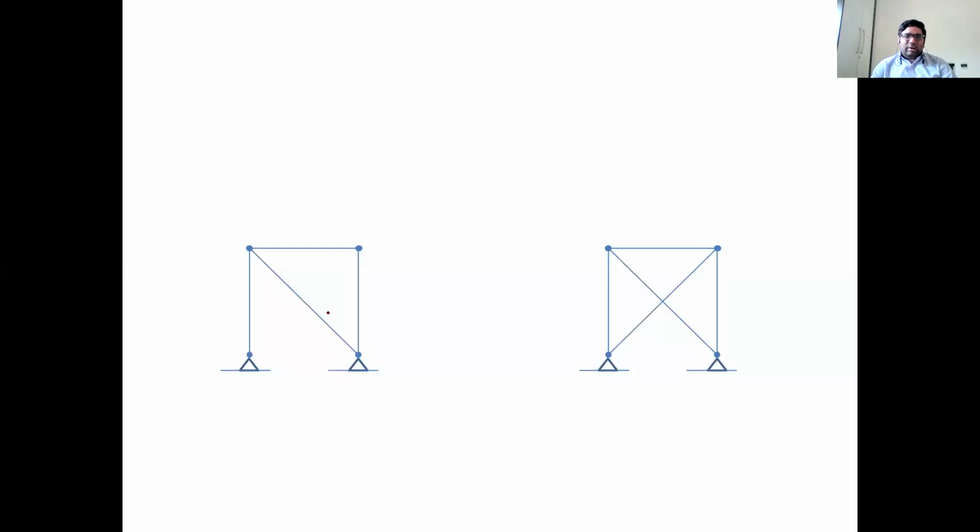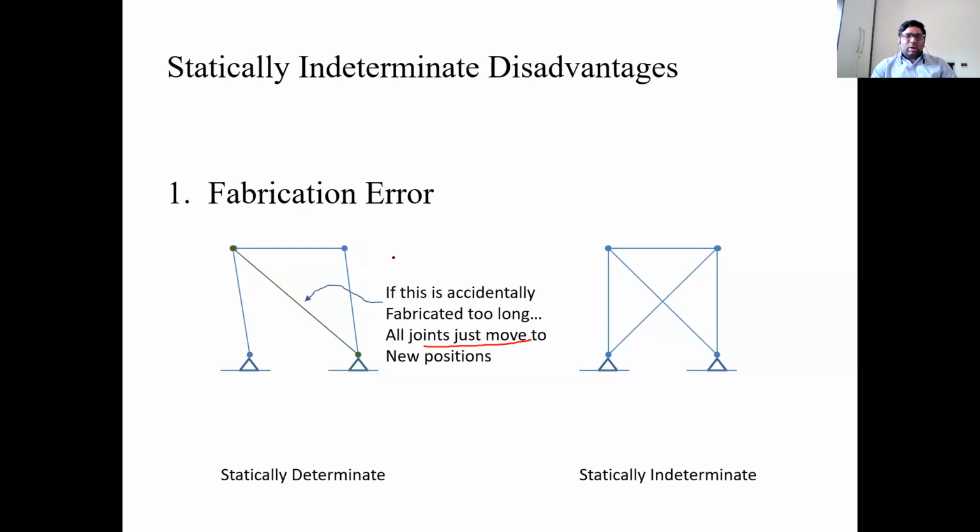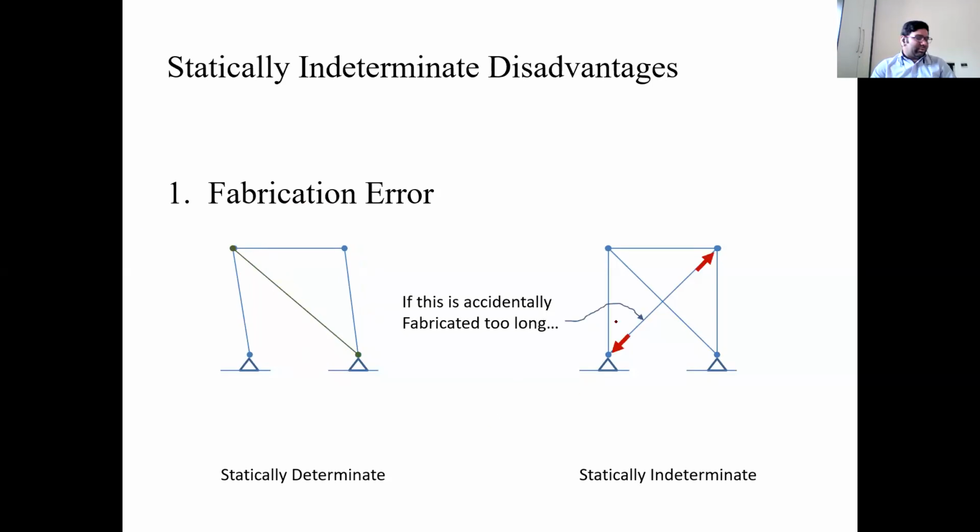So let us try to consider a statically determinate structure as well as an indeterminate structure. When we have a fabrication error during construction for a statically determinate structure of this shape, see what will happen. All the joints will move corresponding to each other. But if you have a statically indeterminate structure with fabrication error, see what will happen.